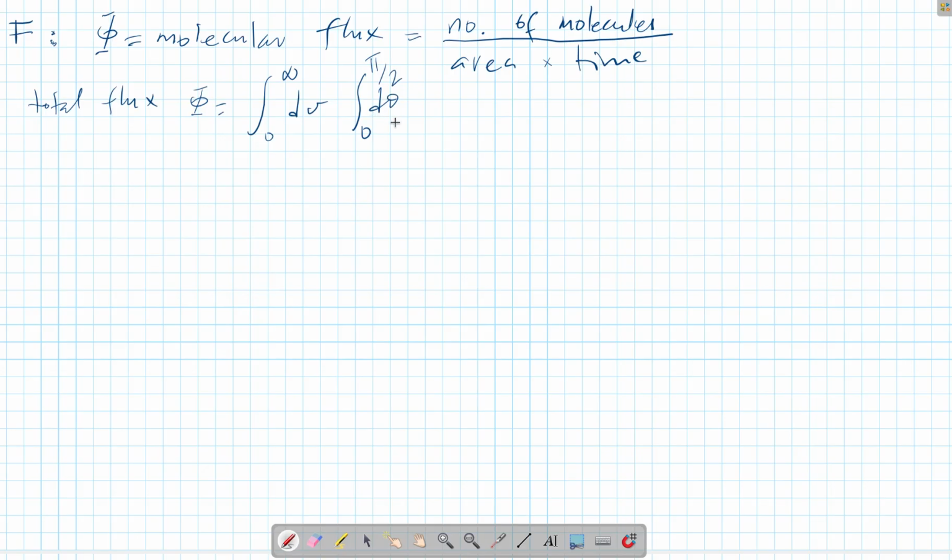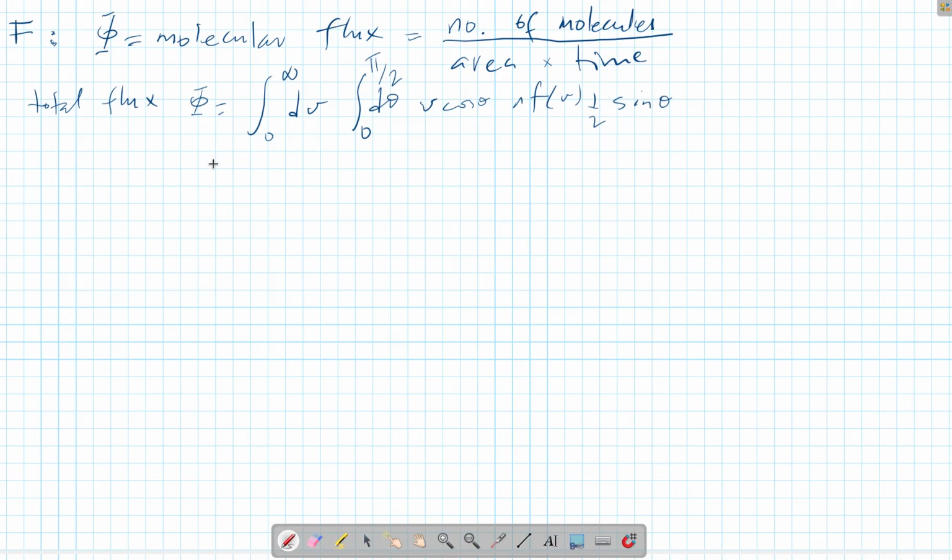So the theta integration is from 0 to pi divided by 2, with cos theta and f of v times 1 over 2 sine theta, right?